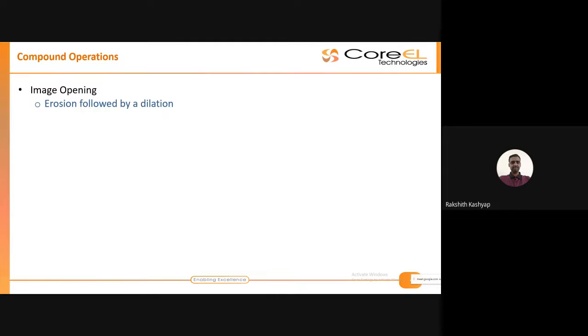So now let us understand that particular aspect as well. Let us understand what we mean by image opening, which is one of the operations available in the compound morphological operations. Whenever I am doing the image opening operation, what I'm doing is taking that binary image, and in the first step, I'm doing image erosion with a specific structuring element, followed by which, using the same structuring element, or depending on your application a modified structuring element, I do dilation.